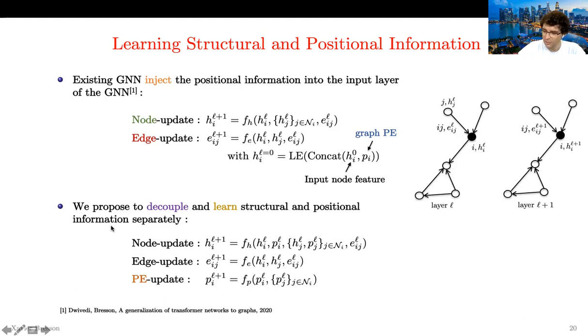What we propose in this work is to decouple structural and positional representation to make it easier for the network to learn structural and positional information. So we're going to have the node update, the edge update, and a new update, which is the positional encoding update, with the variable P. And P will be used in the edge update, the structural update.